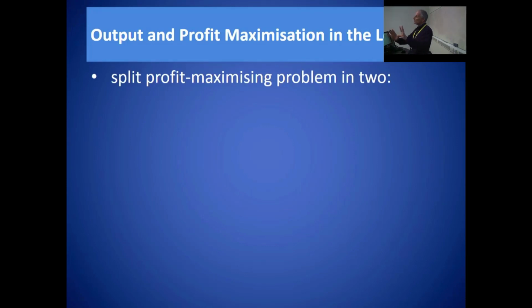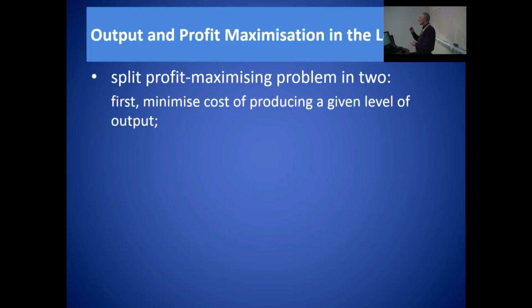So we can't just repeat what we've done in the short run. So what we're going to do is look at exactly the same idea. What optimal mix of inputs does a firm use to produce its output such that it maximises profits? Well, what we're going to do is split this into two separate conditions. We'll look at each of these separately.